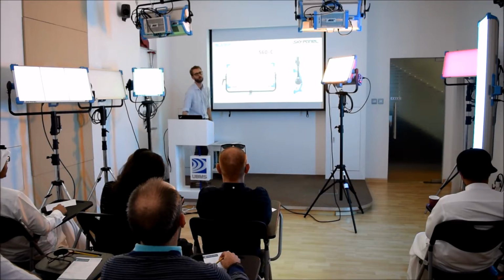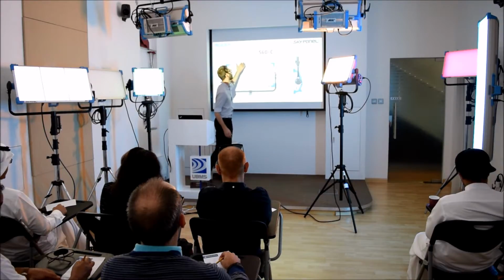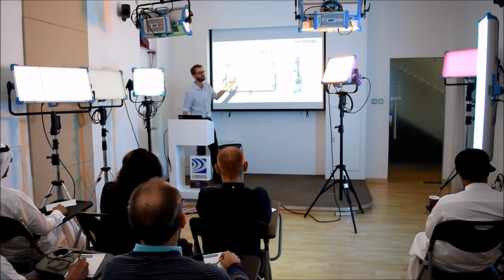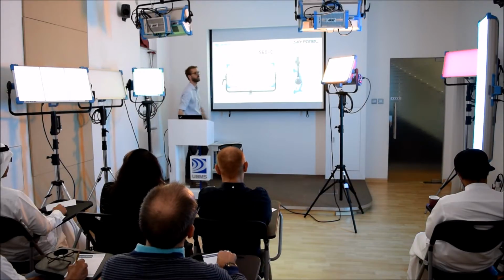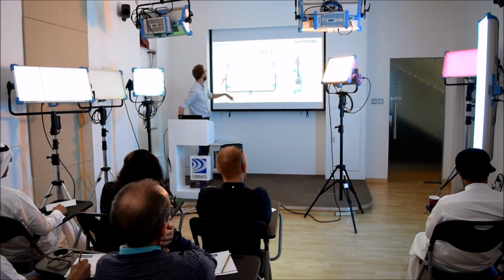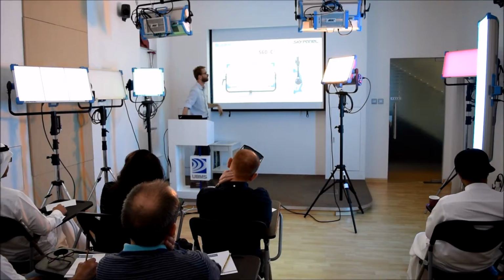The numbers really come from the size. So the S60s, it's 64.5 centimeters, but you can think of it as 60. Obviously the 120 is twice as much, so it's 1.2 meters. And the S30 is 30 centimeters. The height is always the same on all three models. It's always 30.